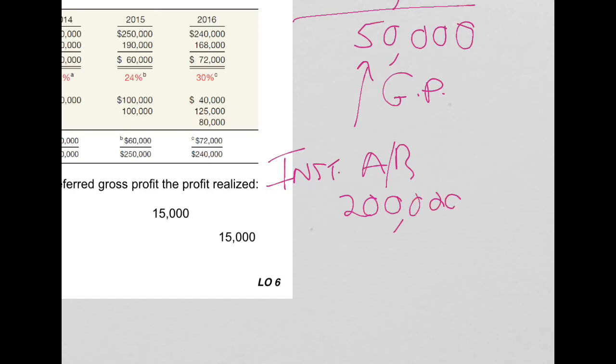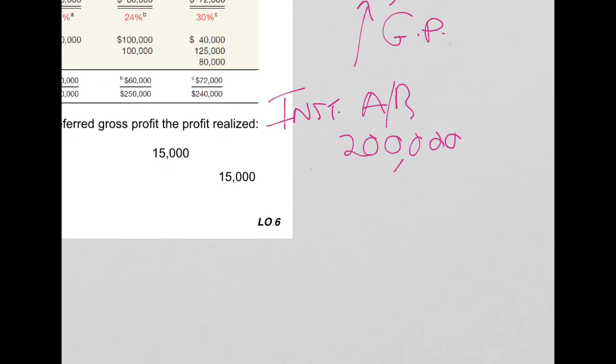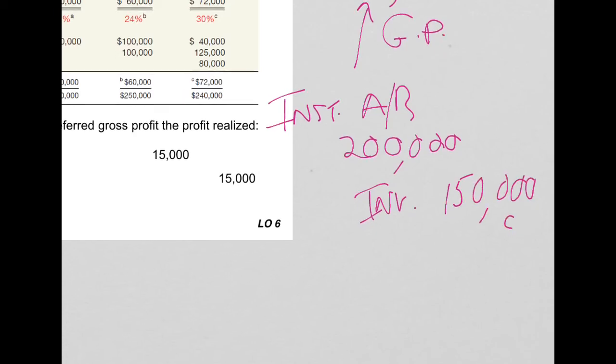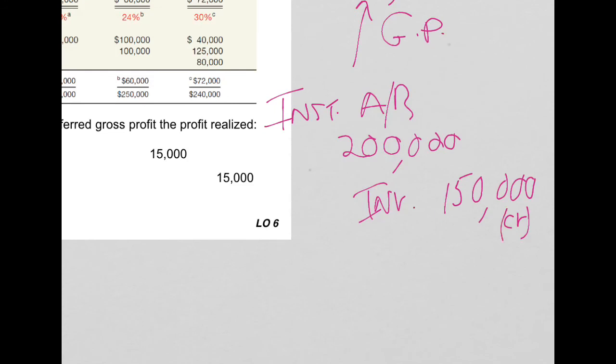This is my composite way of looking at this, that's a debit. We'll have the inventory credited for $150,000. That's the credit. And then we'll have the deferred revenue. I'll just label that as DEF, deferred revenue, $50,000. Keep those numbers in mind.